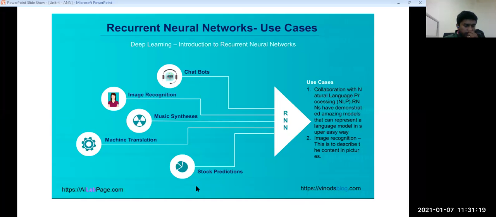Previously we have seen some real life examples, but there are some specific use cases with respect to different domains, where recurrent neural networks can be useful. The main application is chatbots. You can see in many bank applications and websites, chatbot is a very basic thing being used now, because an employee might not be available for 24 hours. If there is a chatbot, it can respond to immediate instructions.